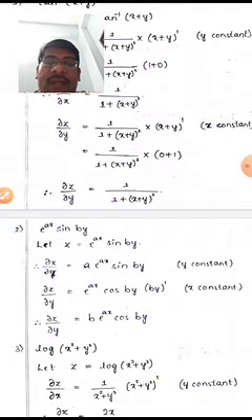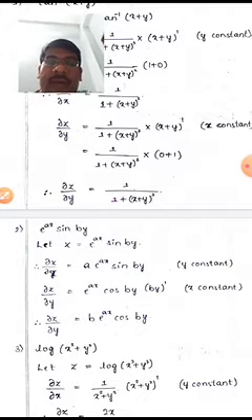Here sin by is the constant, keep it as it is. The derivative of e power ax is e power ax, and the derivative of ax is a. That is dou z by dou x is equal to a into e power ax sin by.